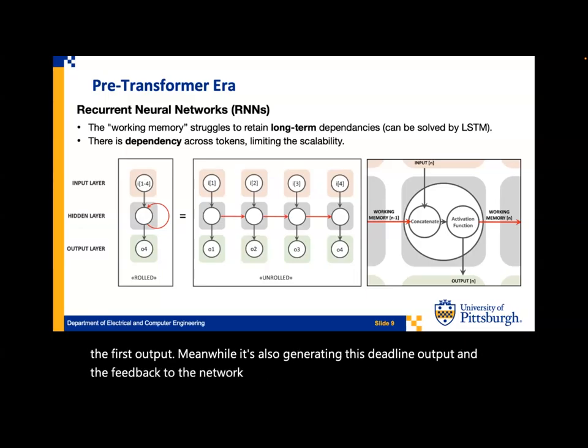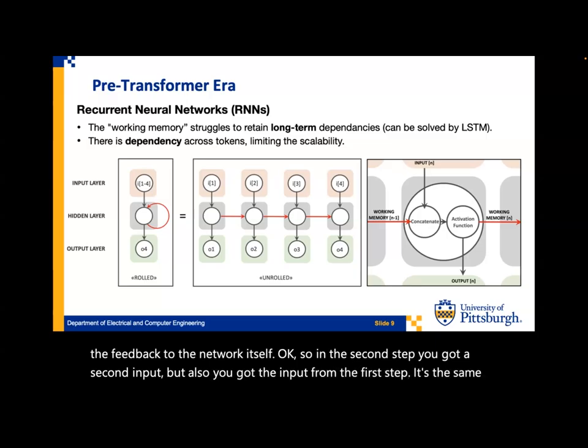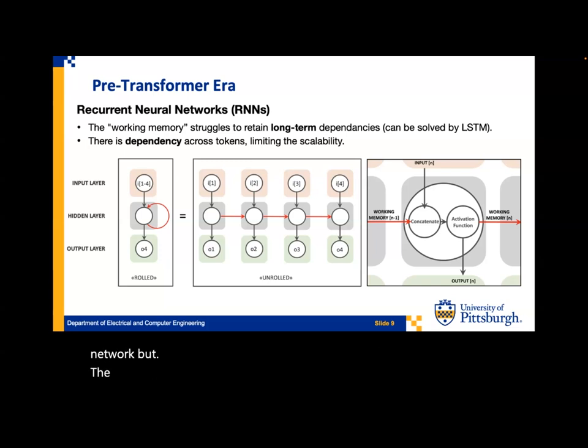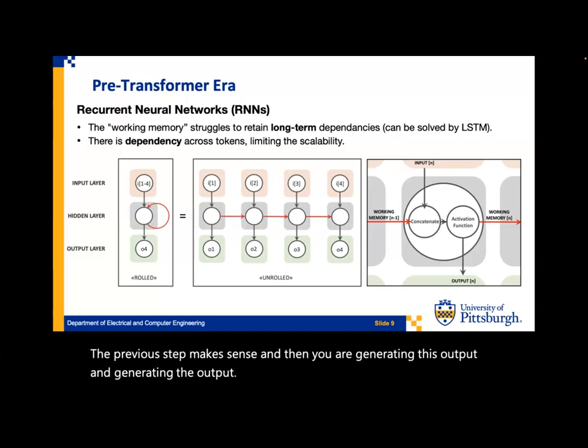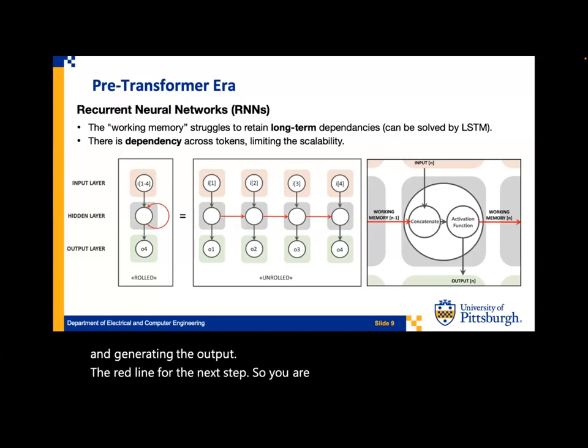In the second step, you get a second input, but you also get the input from the first step. It's the same network, but at the previous step. Make sense? Then you generate this output, and the red line output for the next step. You repeat this over and over again to generate a sequence of outputs.